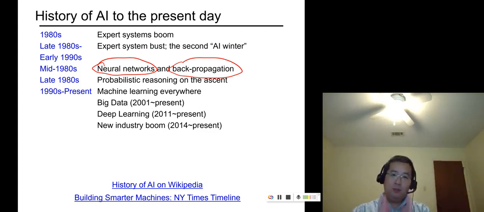Of course, the reason is that in 2014, deep learning became very hot, and then in 2016, DeepMind's AlphaGo beat the world champion from Korea, and people wanted to hire more AI experts. But because of the two winters, we were not prepared well for this boom. So even till now, we still have a lot of shortage in this field.